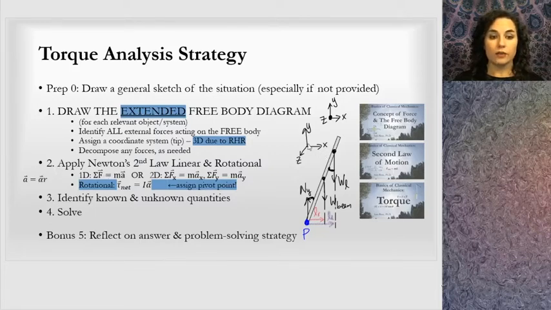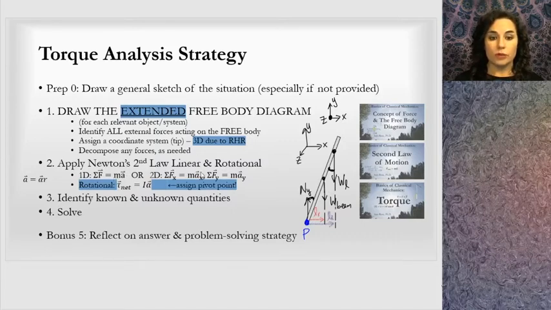Now apply Newton's second law. You have your diagram going, and it's your tool to be able to write these equations out. Always do a linear Newton's second law. You can see in this situation, I have only up and down forces, so it's easy for me to get a relationship going among those forces linearly in x or y direction.